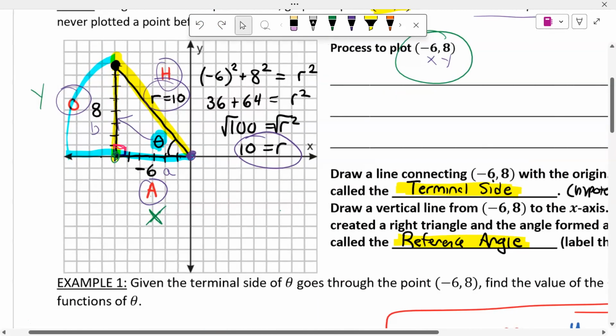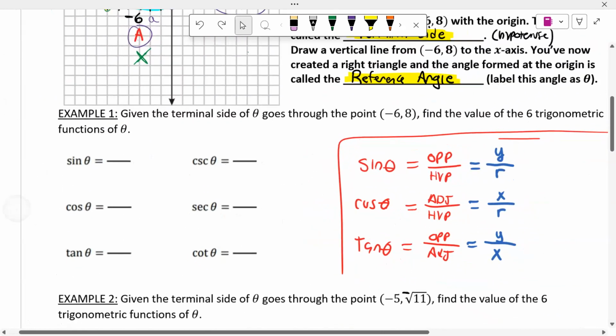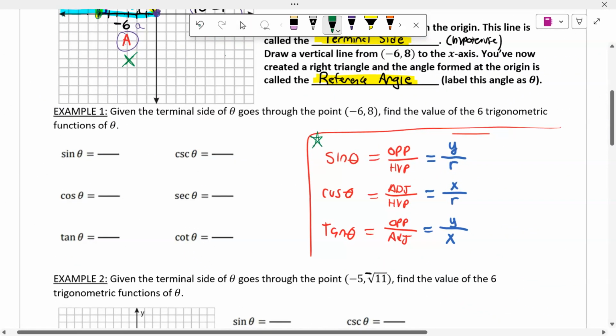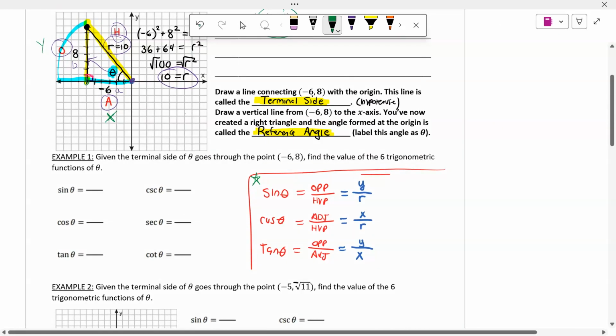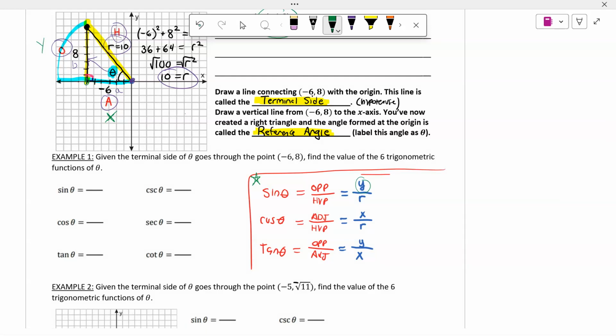All right, so long story short, the most important thing to remember is I referenced it over here. Sine we know is the opposite side over the hypotenuse. Well, looking at the picture, the opposite side looks to be a height. That's why I labeled it y, and the hypotenuse is now labeled r, or the radius of this circle. So therefore, we can convert sine from O over h to really y over r.